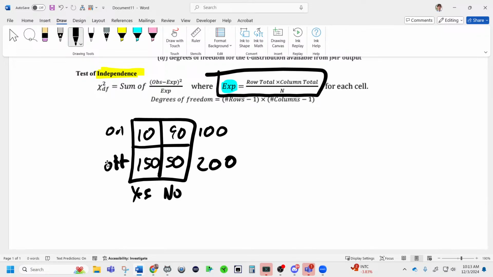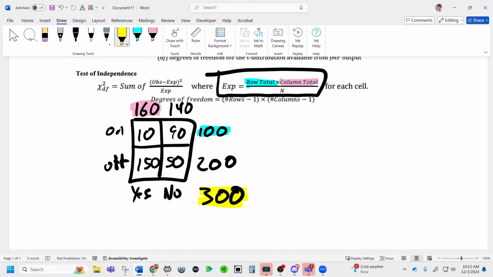To calculate the expected will be the following formula: row total times column total. So I need to make some column totals over here. There we go. And technically, that is row total. Good, that is row total. And then column total over grand total.